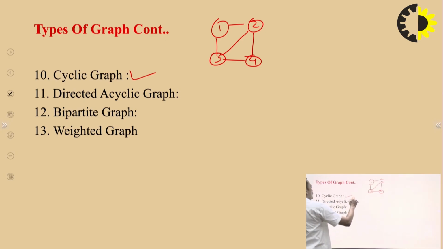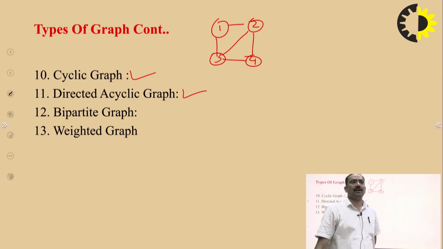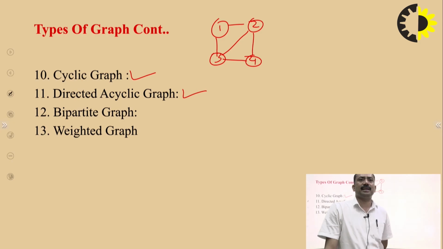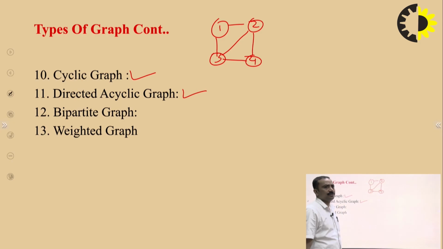Next, we have a directed acyclic graph. A directed graph that does not contain any cycle is known as a directed acyclic graph.